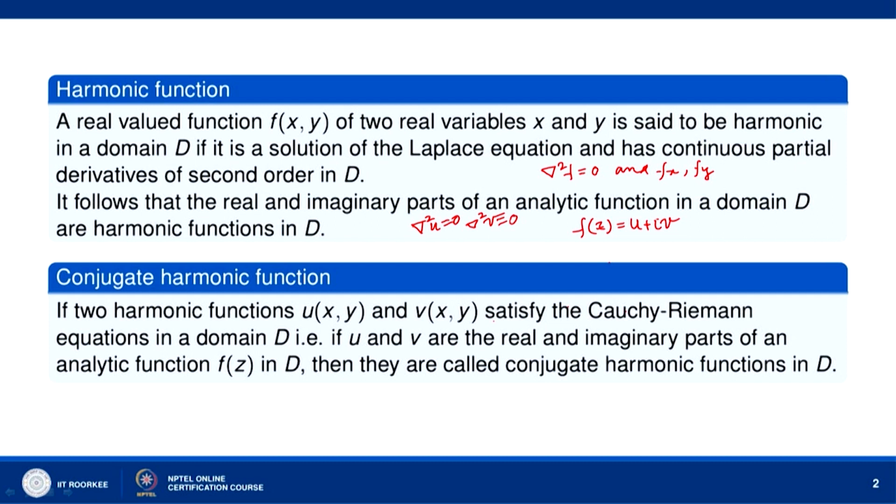Now, let us look at conjugate harmonic functions. If two harmonic functions u(x, y) and v(x, y) satisfy the Cauchy-Riemann equations in a domain D, that is u_x is equal to v_y and u_y equal to minus v_x, then u and v are said to be conjugate harmonic functions in D. The real and imaginary parts of an analytic function are therefore conjugate harmonic functions, because they are harmonic functions and they are related by Cauchy-Riemann equations.